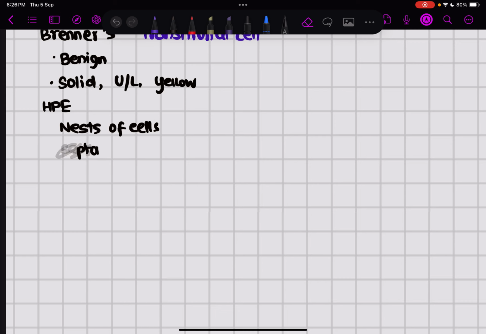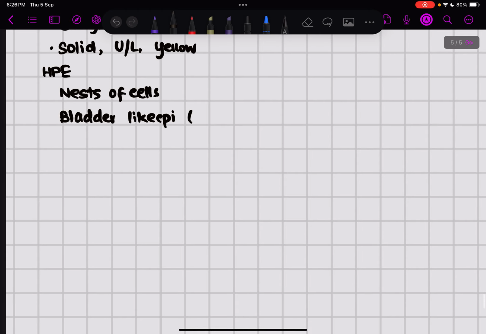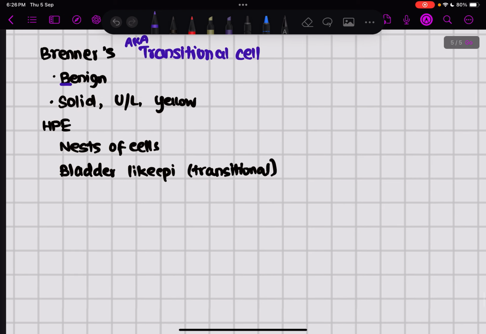The septa is not important right now. It has bladder-like epithelium, which is transitional, and has coffee bean nuclei.